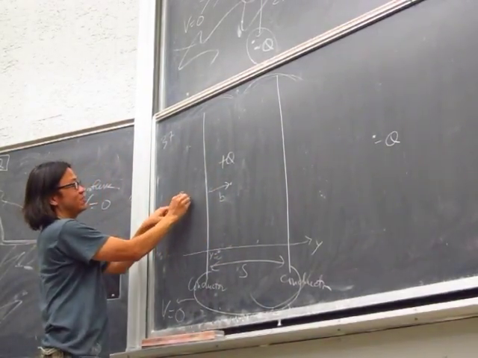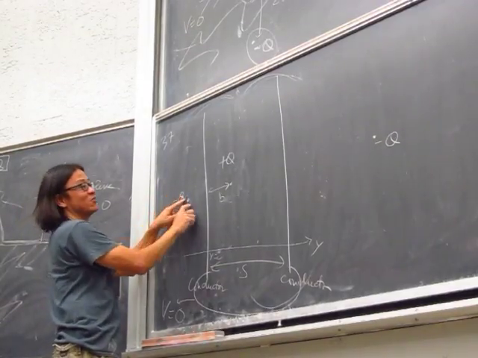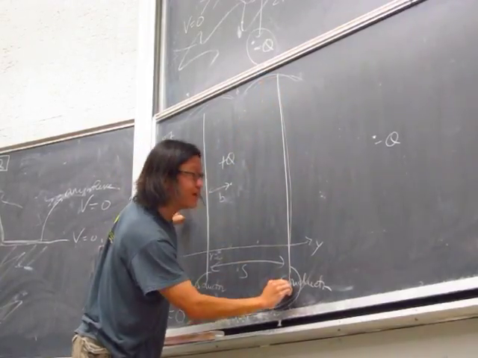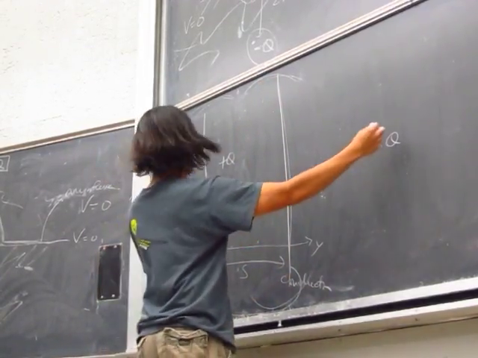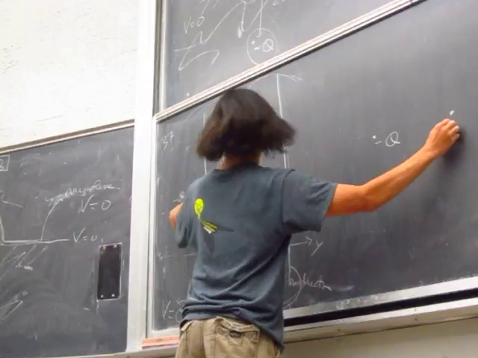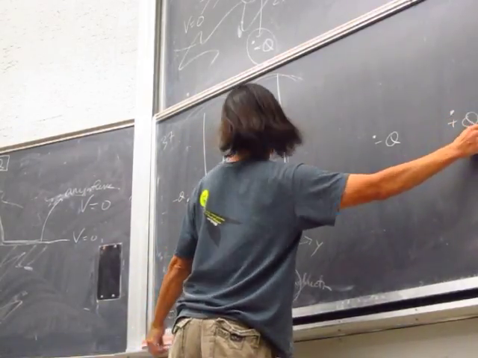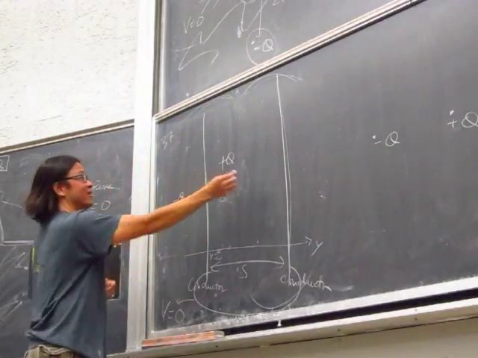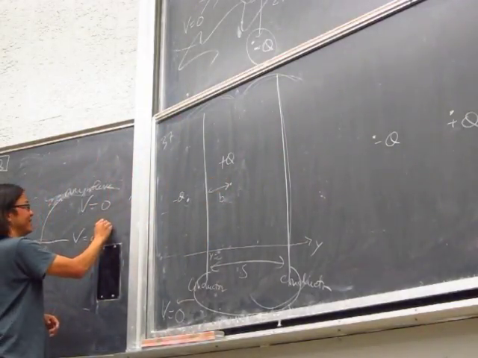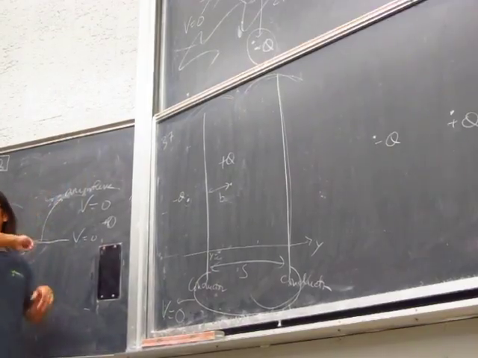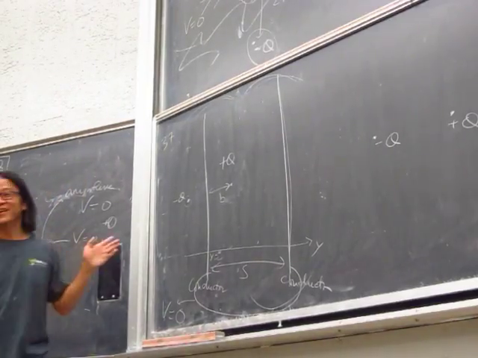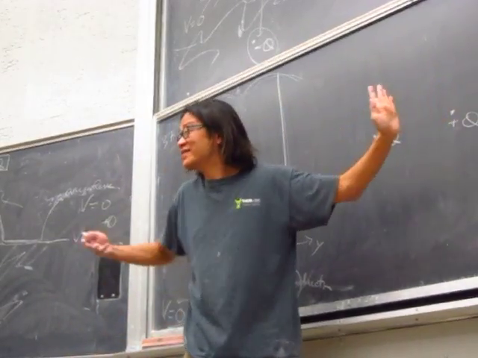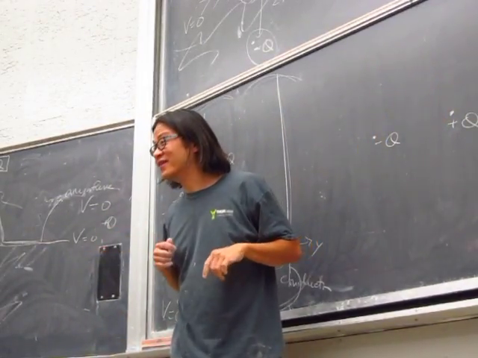But then you have an image of this minus q along this conductor somewhere over here, which becomes plus q, and then the image of this minus q from this plane somewhere over here. And this goes on and on. Of course, all the images get farther and farther away, and they become less and less important.